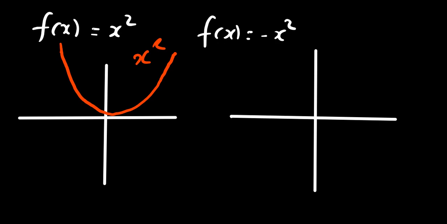Let's say we draw it here. This is our y-axis, this is our x-axis. Now how do you draw that? You're able to see that the coefficient of x² is positive, so you are going to the positive values.